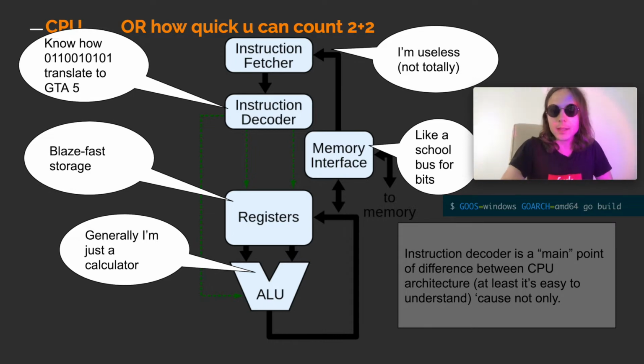For example, the memory interface connects your CPU to your random access memory. In this case, the CPU can fetch some data when it needs it for some kind of calculation. The instruction fetcher knows exactly where and how to fetch an instruction.